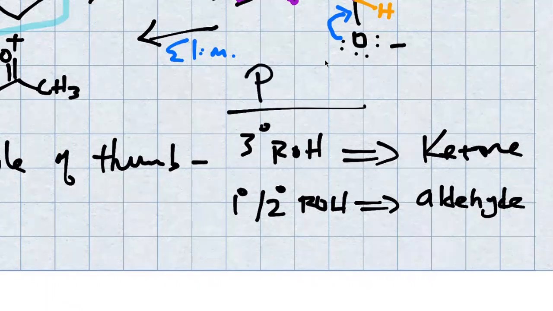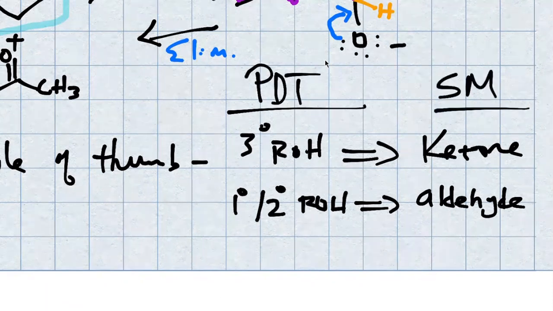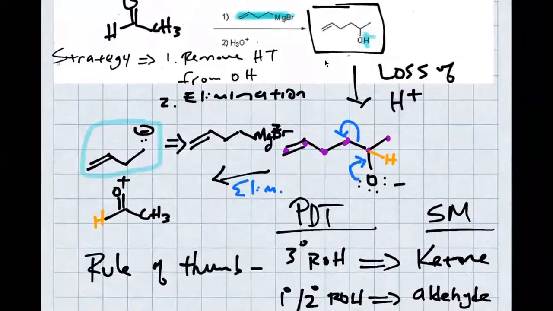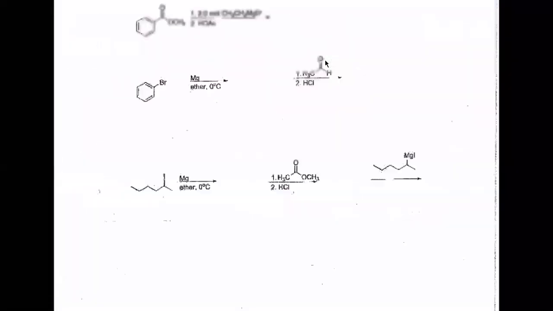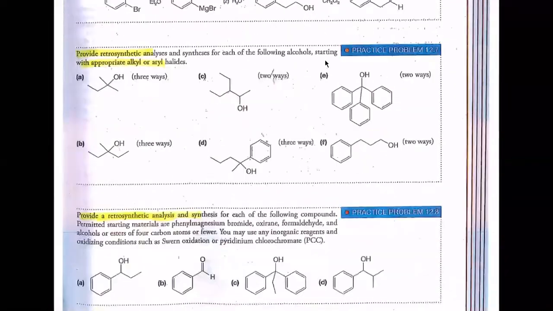So the product is tertiary, or primary or secondary, and then the starting material will have to be either a ketone or an aldehyde. All right, any other questions? Because we're going to dive in and do some more examples. Let me copy them so I won't have to squeeze anything in.